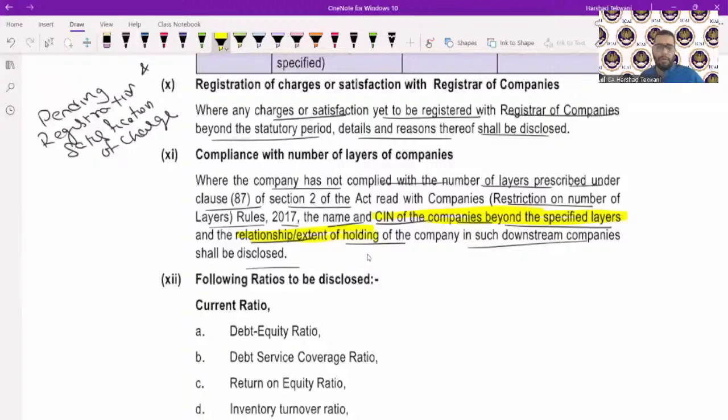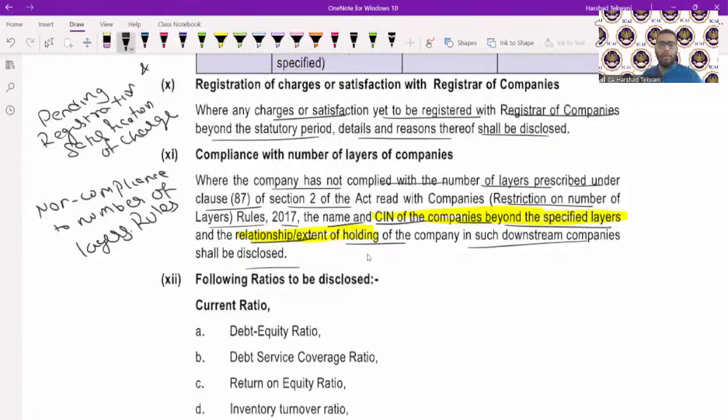These 2 things. Clear? Non-compliance to the number of layers rules, you can say.